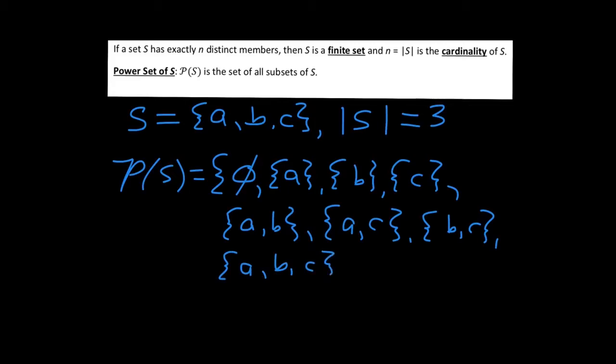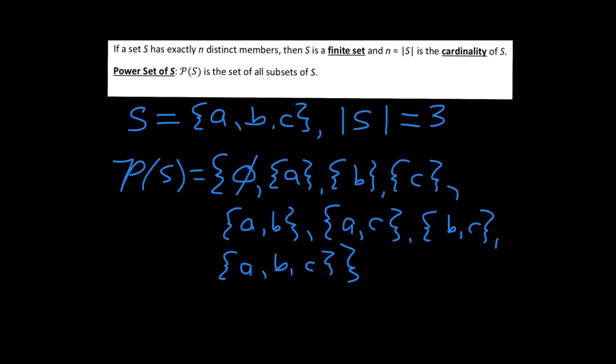That is all of S itself. So this entire set of all of these 1, 2, 3, 4, 5, 6, 7, 8 sets is the power set, because each one of these 8 sets is a subset of my original set S.